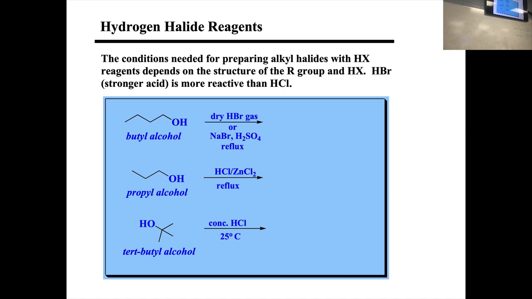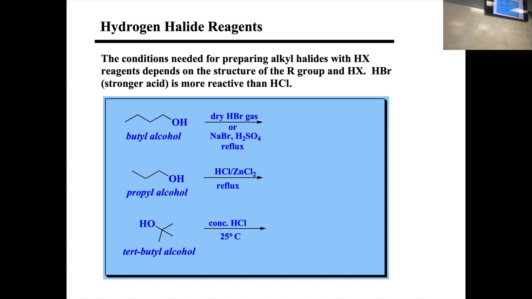Is that SN1 or SN2? If it's SN1, I'm going to go through a carbocation. Do you think I'm going to get a carbocation if this leaves? That didn't give me a primary carbocation, right? So probably not going to do that. So this again is an SN2 reaction.